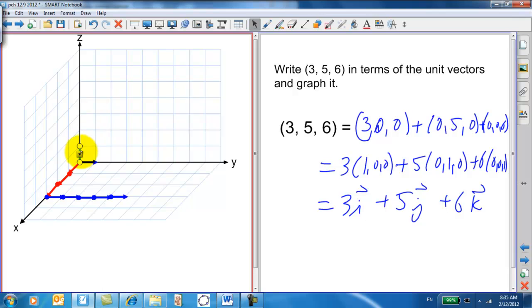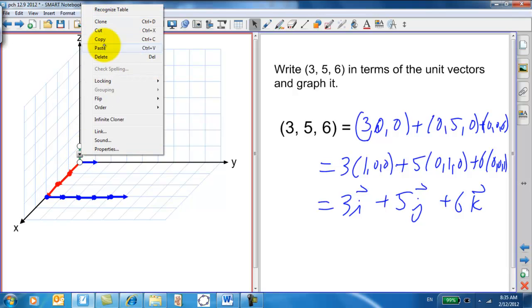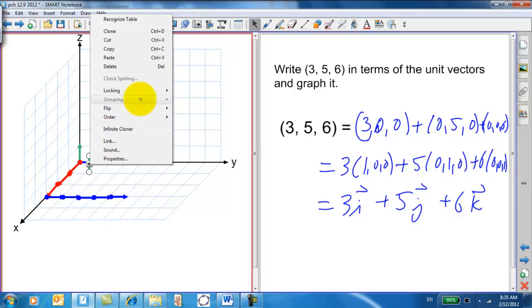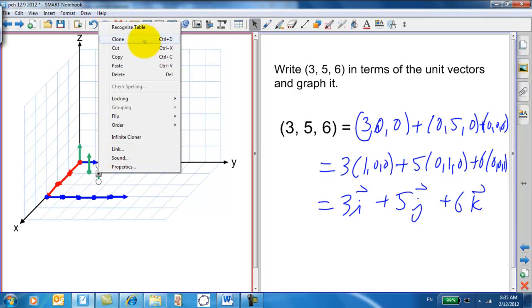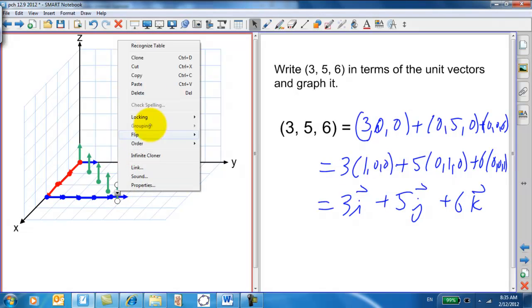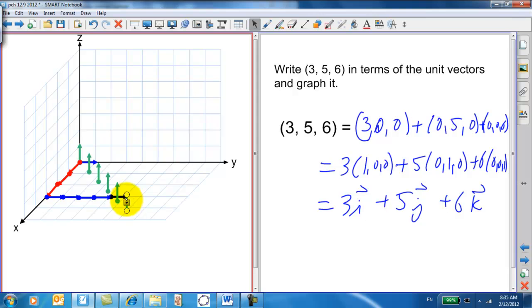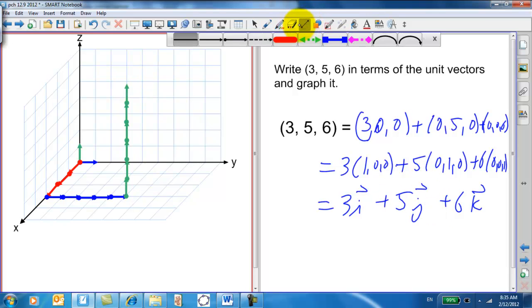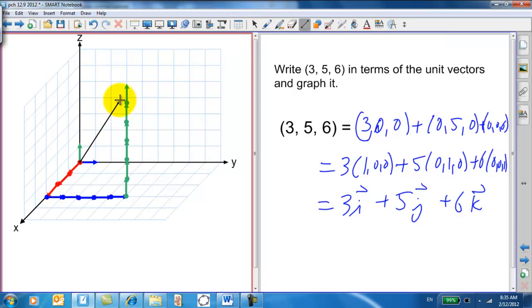Take this one up. 3, 4, 5, 6, 6, there we go, and start stacking these up. So there you go, there's your point (3, 5, 6) as a sum and scalar product of these unit vectors.